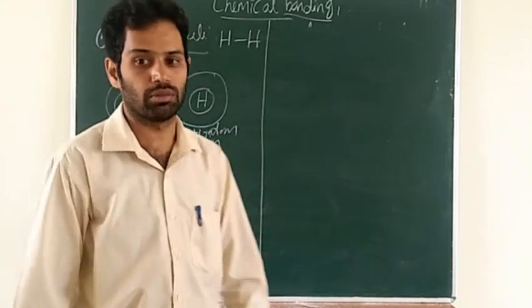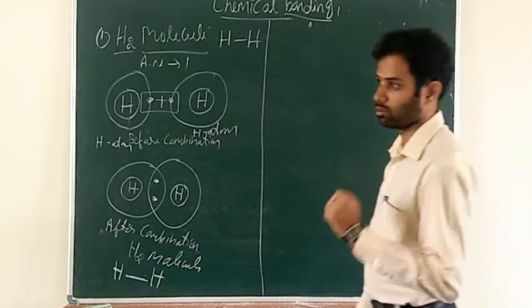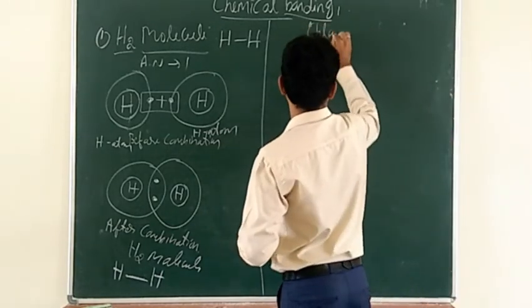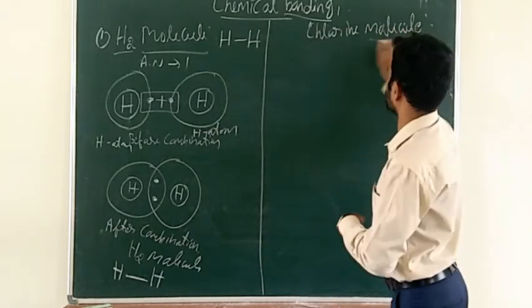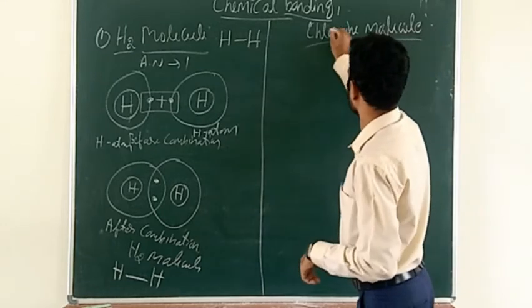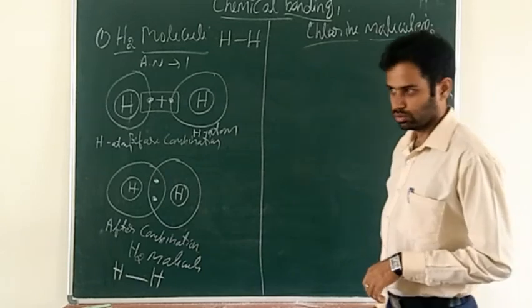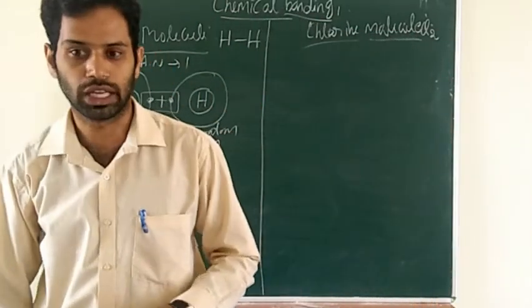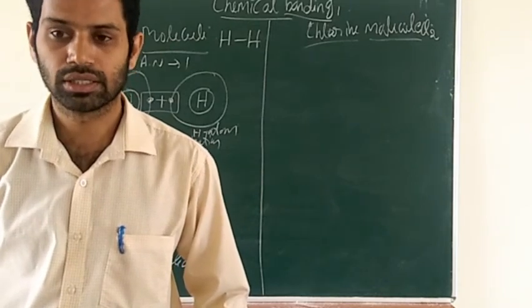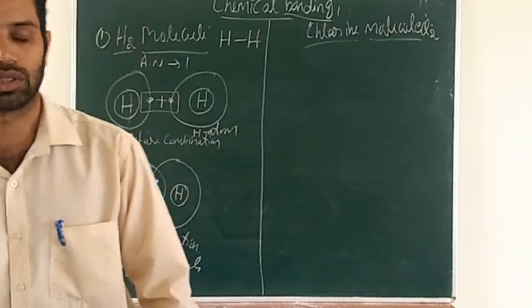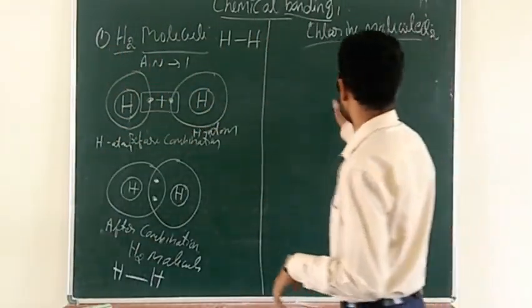How to write the structure of chlorine molecule? How is covalent bond formed in the chlorine molecule? Chlorine molecule, Cl2 now. How many electrons does chlorine have in the outermost shell? Yes? 7. So chlorine has 7 electrons in its outermost shell.